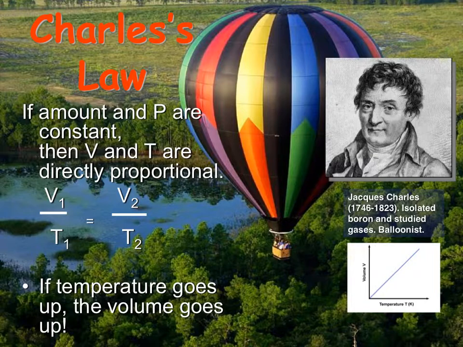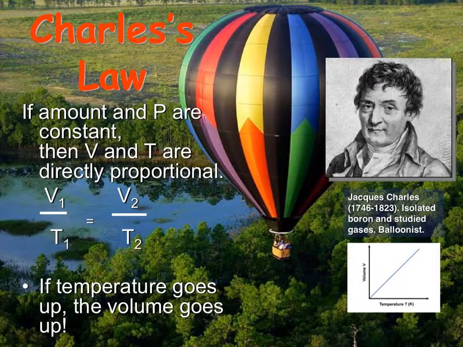Charles's law. Charles found that if you hold the amount and the pressure of a gas constant, the relationship between temperature and volume will be direct. They're directly proportional, which means that if temperature goes up, then volume goes up, and vice versa. Here's a graph of volume versus temperature, and you see there's a positive slope.